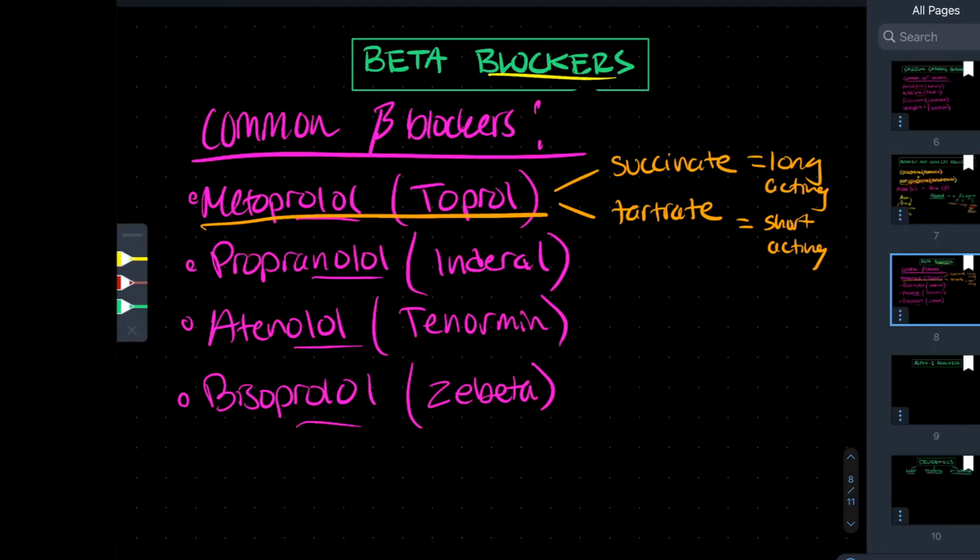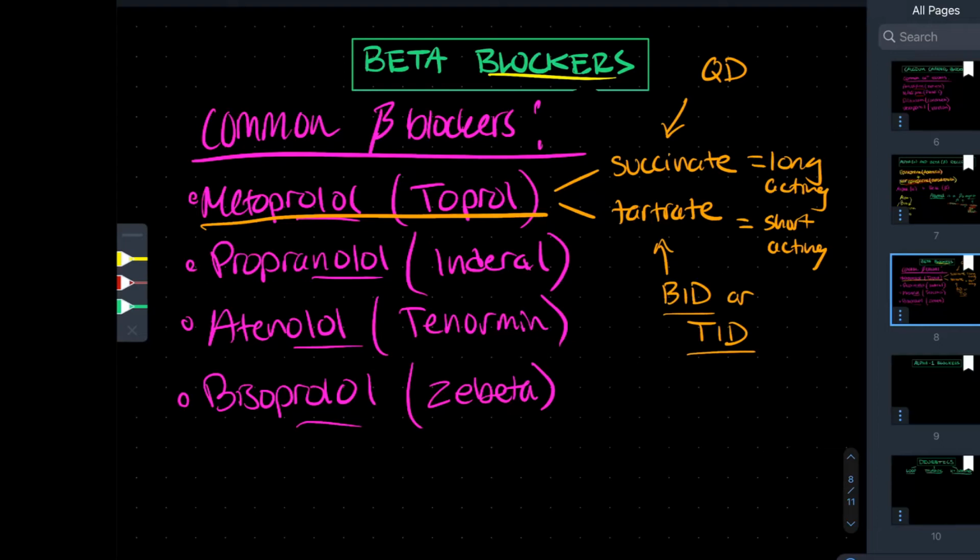So for succinate, you'll probably take this one once a day, so QD. Tartrate, you can see people who take it BID or TID. So 2 times a day, 3 times a day. But it's very important that you don't get these mixed up. So you always want to check when you're pulling a metoprolol bottle or pills to be dispensed.